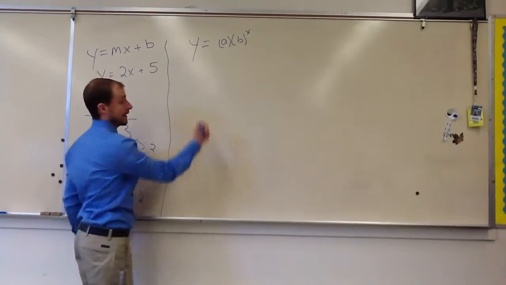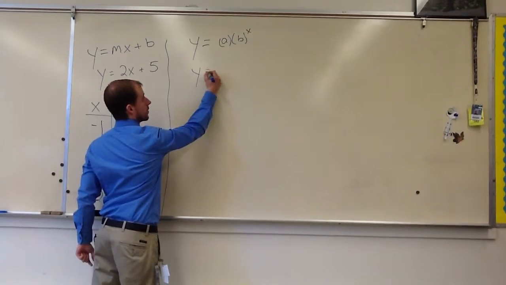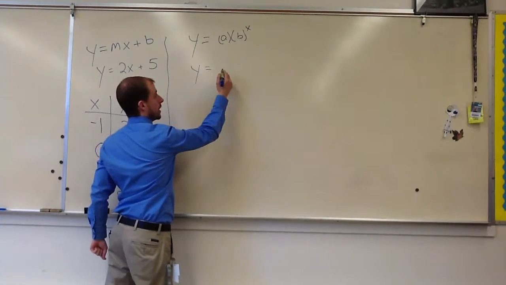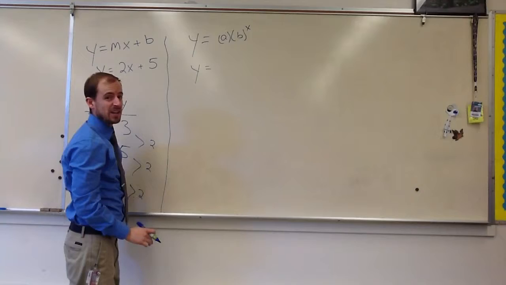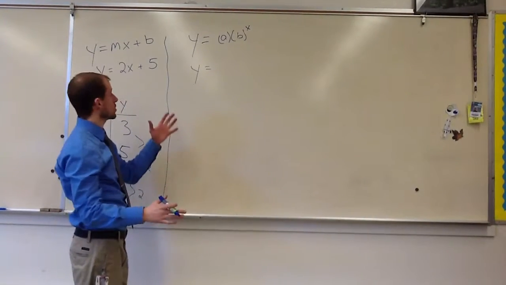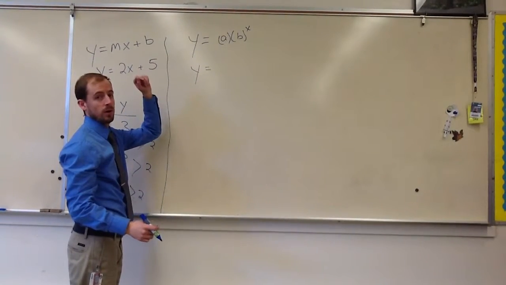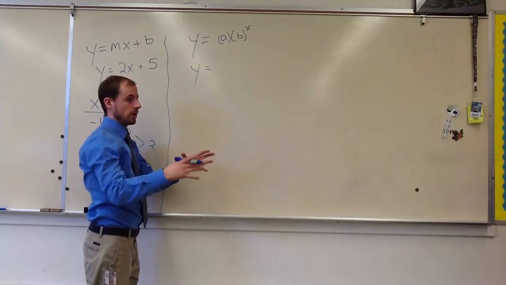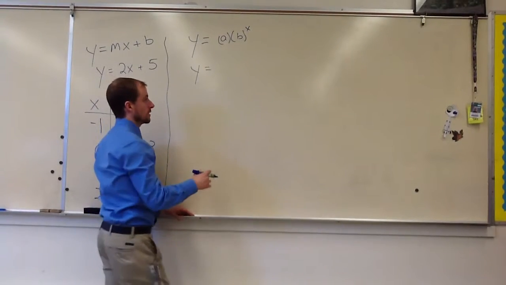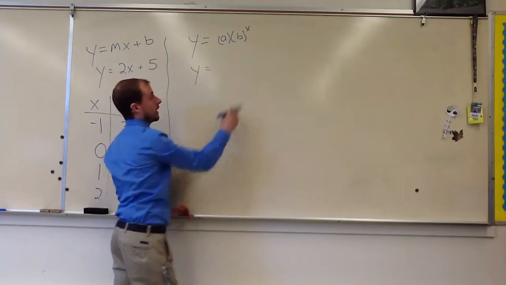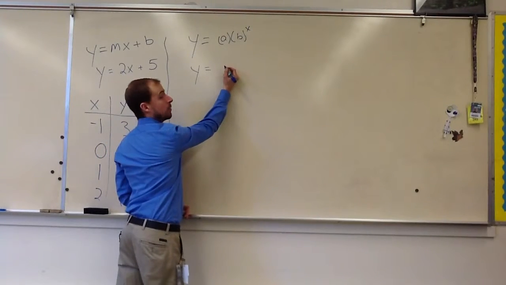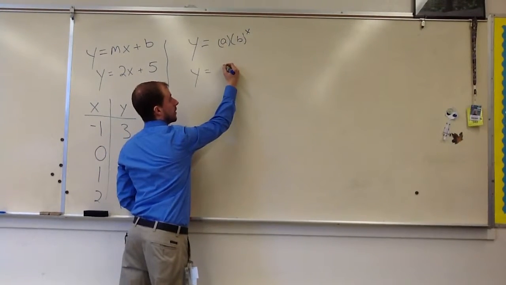Okay? So here's an example, y equals, and our a is working very similar to our starting value of b before, where we started when x is 0. So a will be, let's say it's, I don't know, 5.